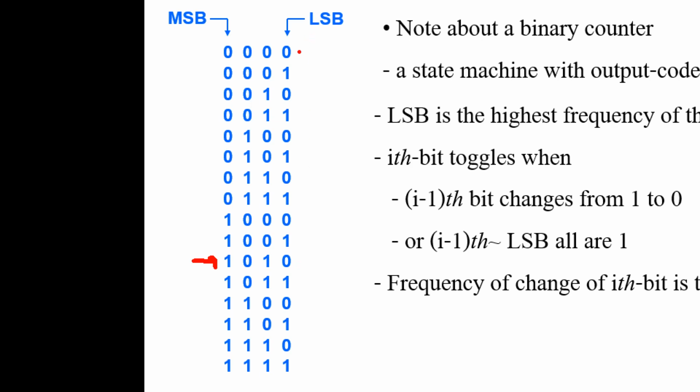if you count up from 0 to 10, actually you need not check all 4 bits. You can take only 2 bits of 1 1. That's enough, because there is no earlier state that has 1 at here and 1 at here, right?